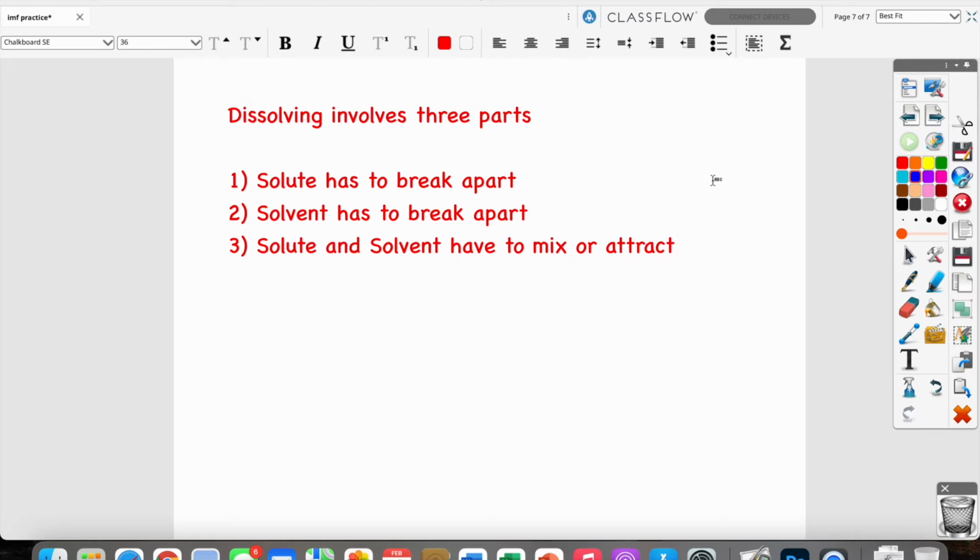Now the thing is that if we look at this, breaking apart molecules absorbs energy. Well, things that absorb energy don't happen very easily, right?